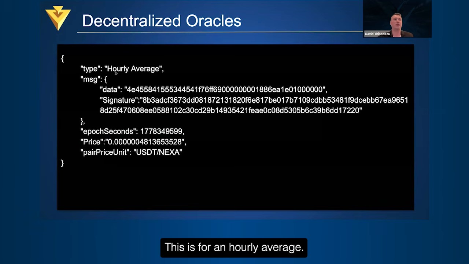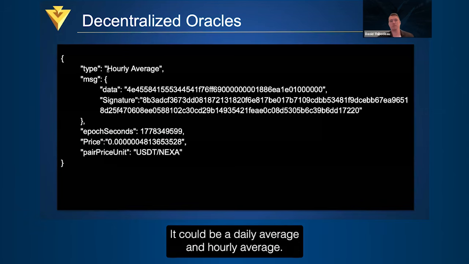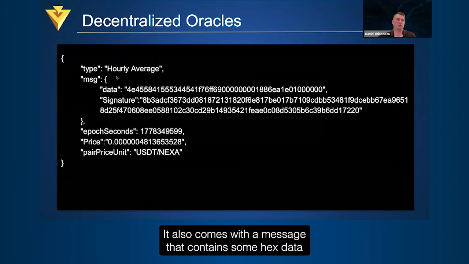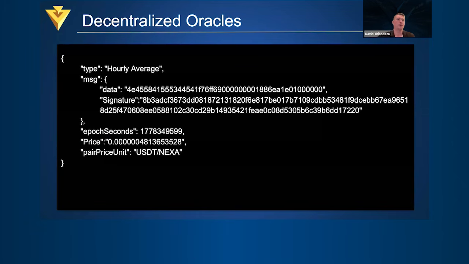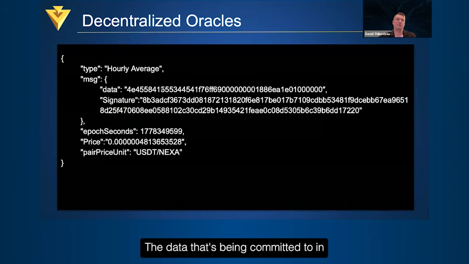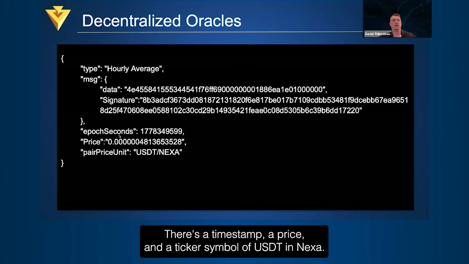This is for an hourly average. It tells you the type. It could be a daily average, an hourly average. It also comes with a message that contains some hex data and a hex Schnorr signature. The data that's being committed to in this signature is essentially these three fields down bottom. There's a timestamp, a price, and a ticker symbol of USDT and Nexa.